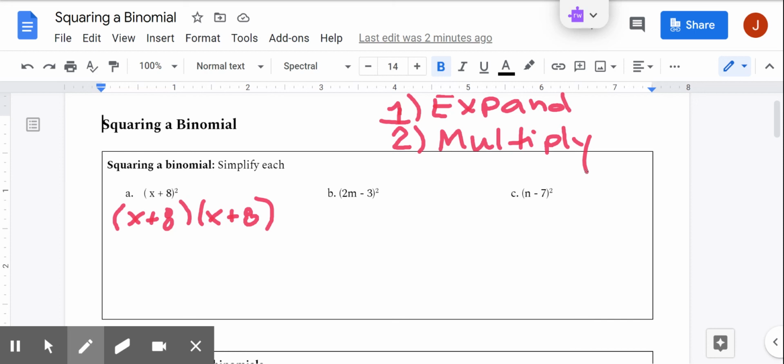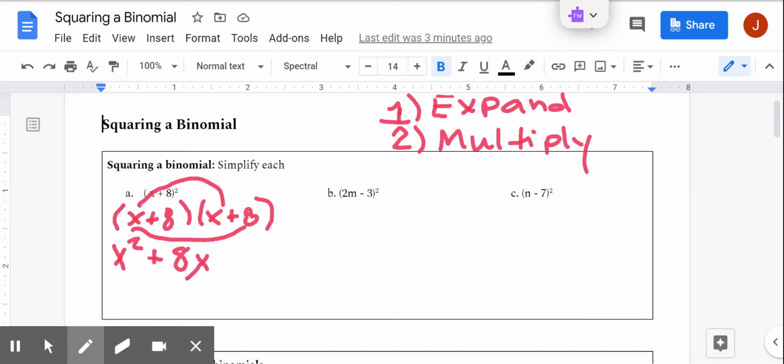Here, for these examples, I'm going to use the FOIL method.